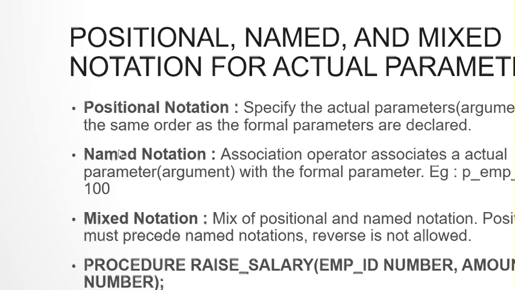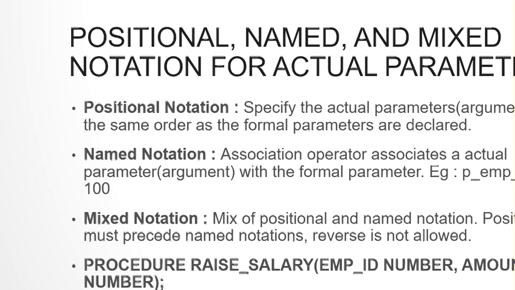This is the first way of calling a procedure or a function, that is positional notation, where you specify the actual parameters, 101 and 3000, in the same order as the formal parameters. The order is the same: employee ID and amount. This is the most widely used way of calling it.